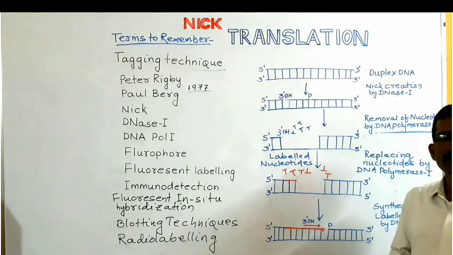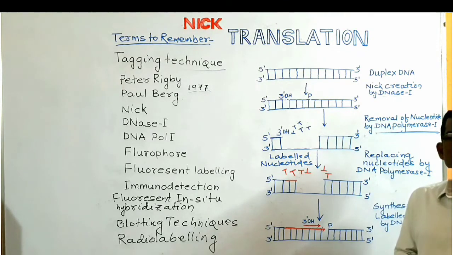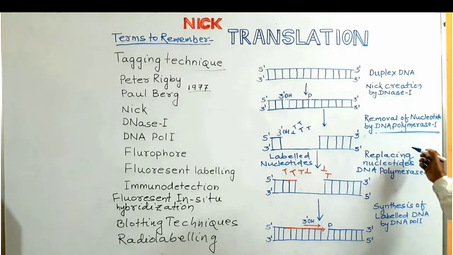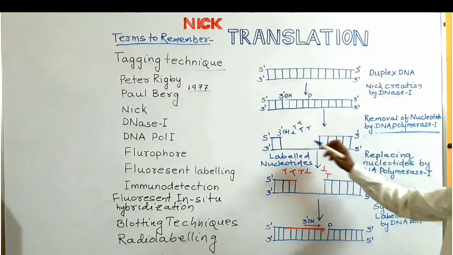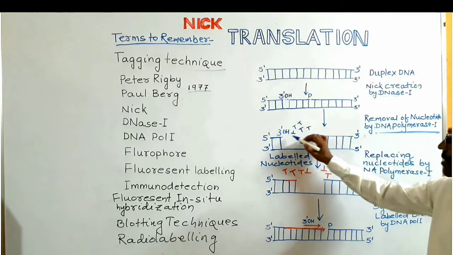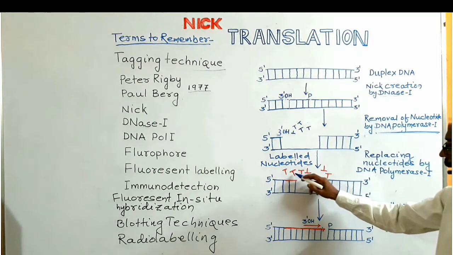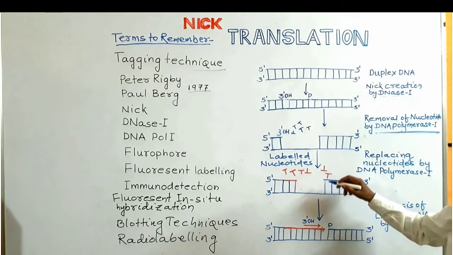So by simultaneously exercising these two activities, DNA polymerase 1 is able to replace the existing nucleotides by their labeled analogs. So these are the nucleotides, some of which are labeled.